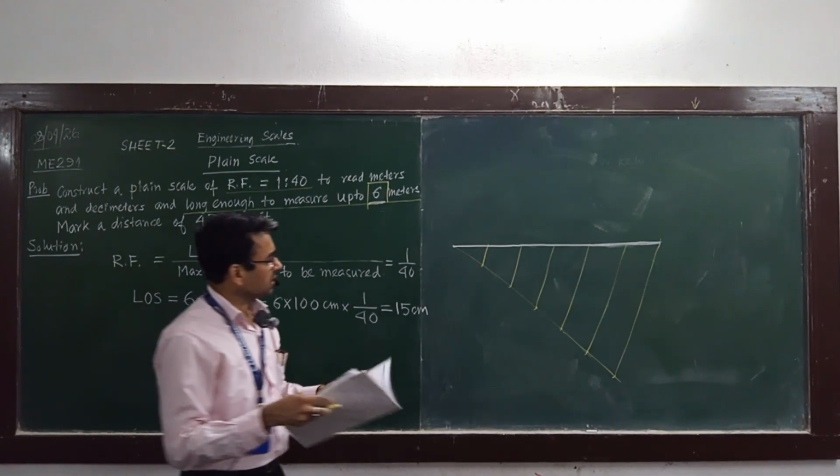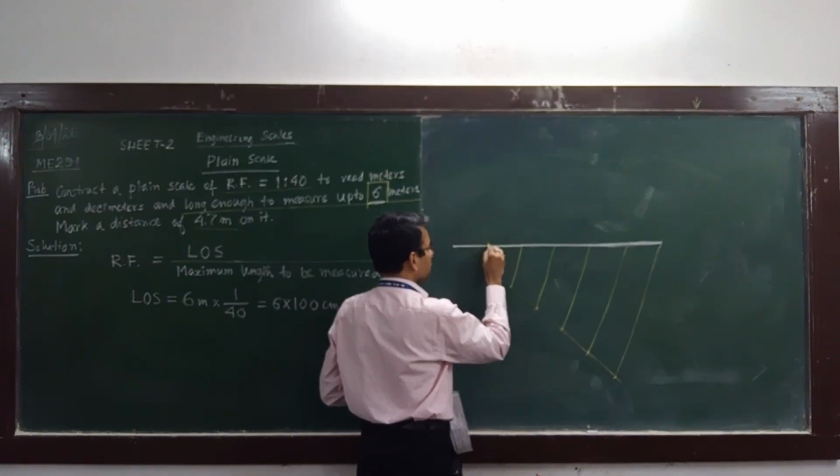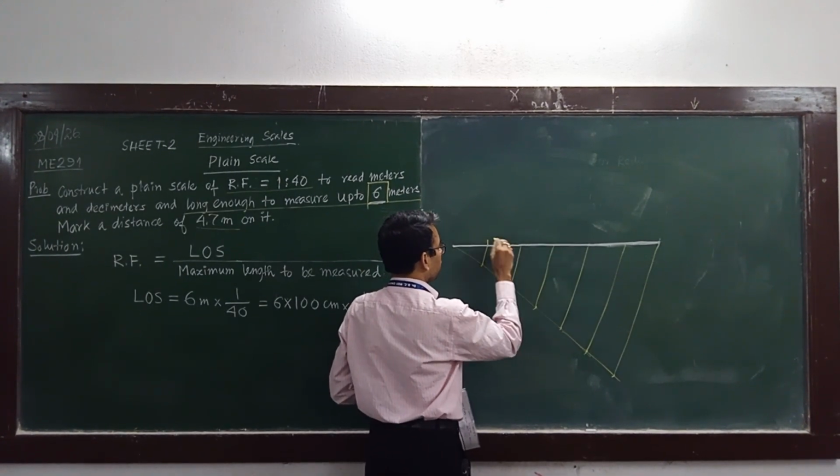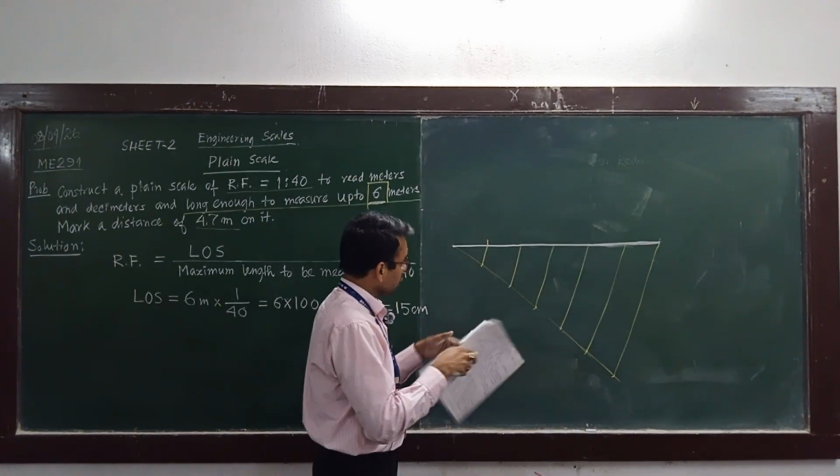So further thing is that you will divide. Now what here will be your 0, this will be 0. Then where will be 1, let me write that. So here we will write 1, 2, 3 here.